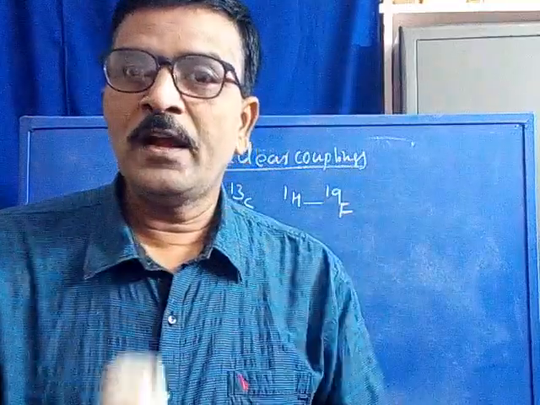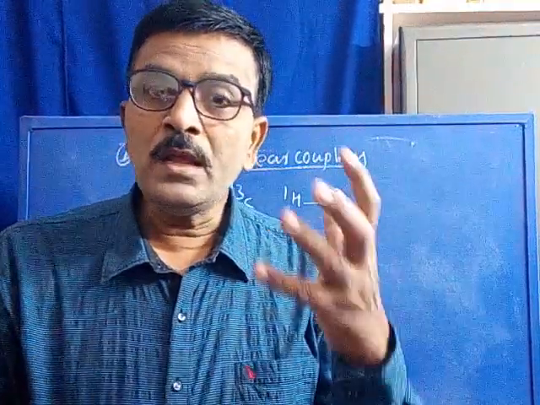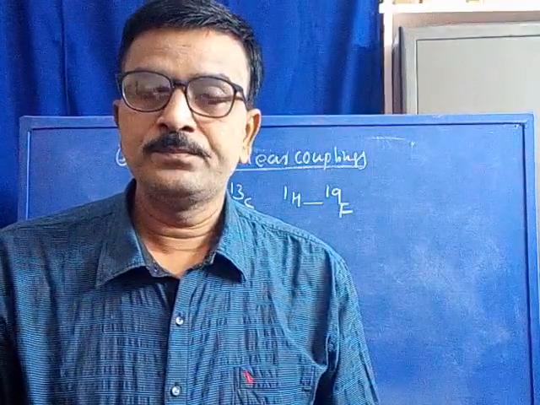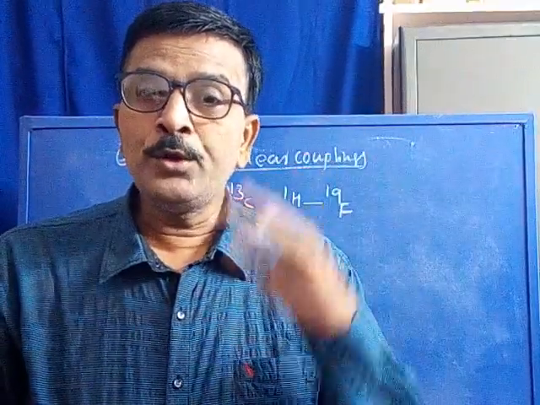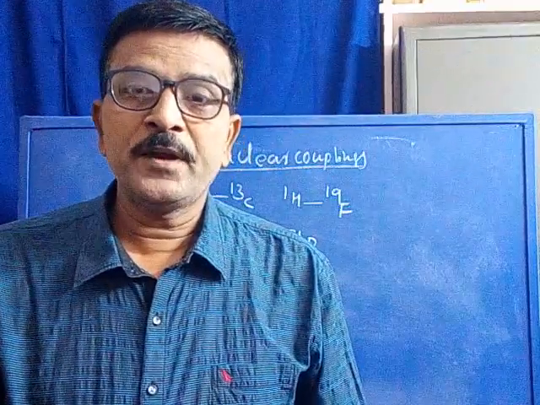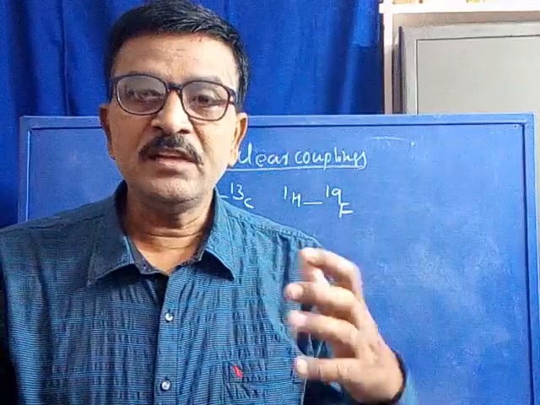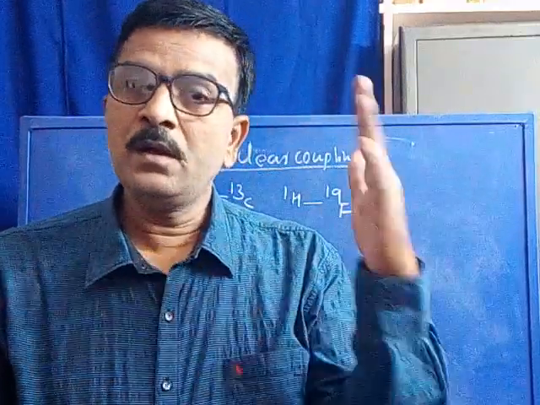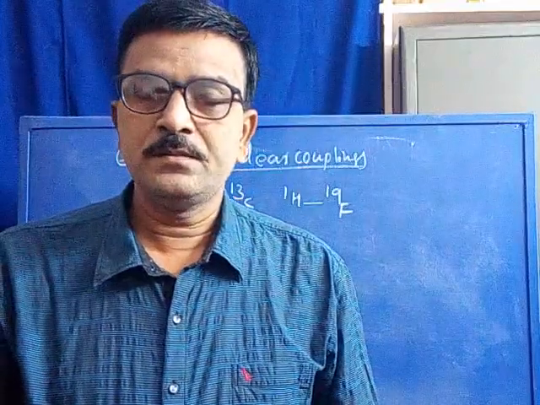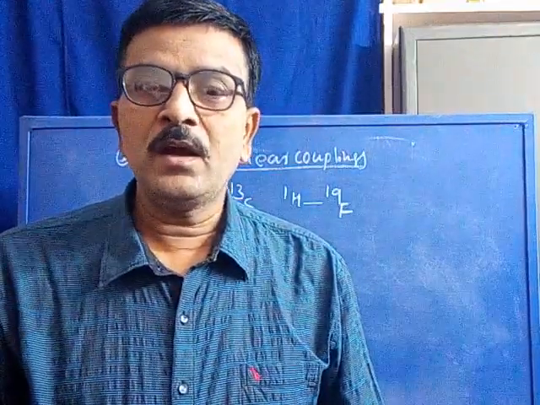Now coming to proton NMR spectroscopy, we observe only homonuclear couplings. In proton NMR spectroscopy, only homonuclear couplings are observed in the spectrum, not heteronuclear couplings. That is, the couplings between two sets of protons, one proton and the second proton, which are adjacent. Therefore homonuclear. Only homonuclear couplings are observed.